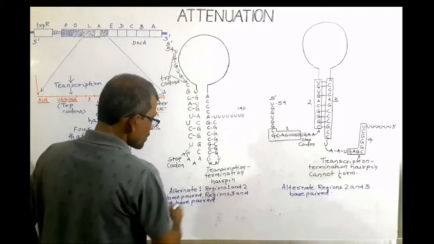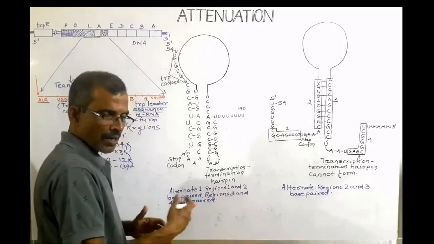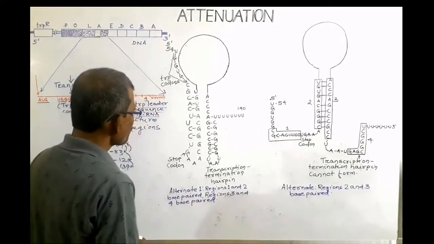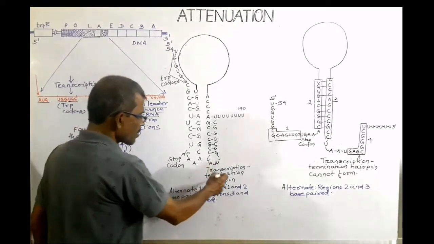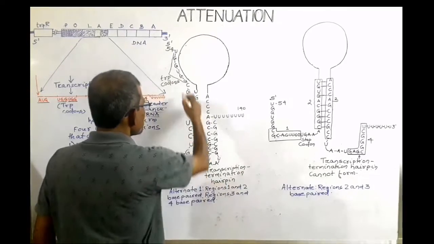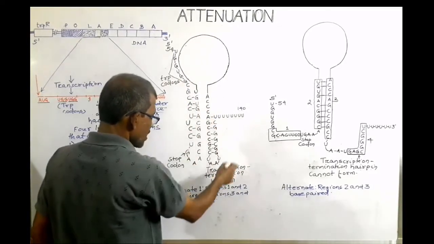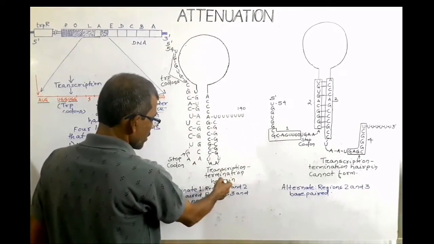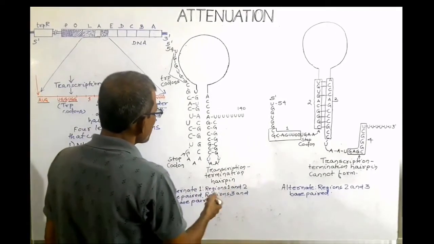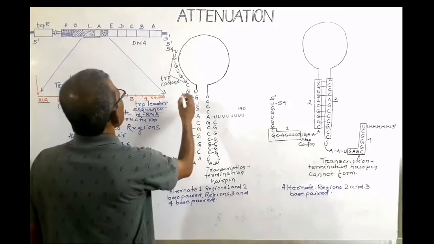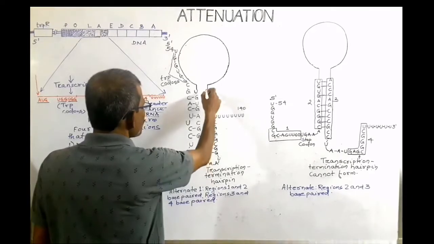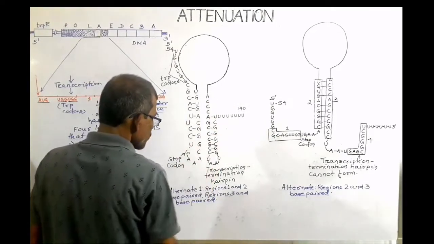Such base pairing between region 1 and region 2 and between region 3 and region 4 leads to the formation of a transcription termination hairpin. This is the structure of the transcription termination hairpin that has been formed due to the base pairing between region 1 and region 2 and also between region 3 and region 4.